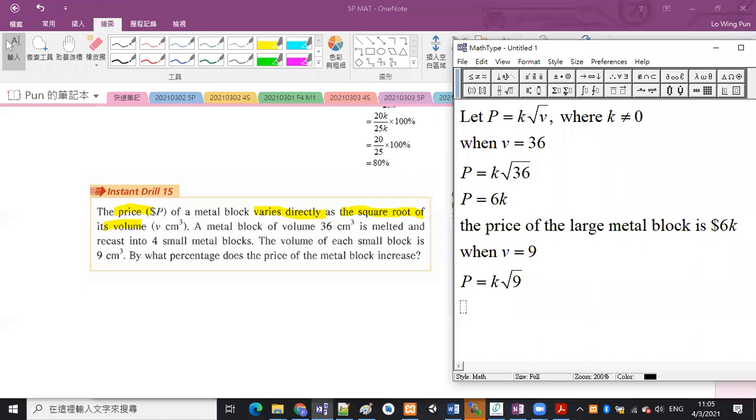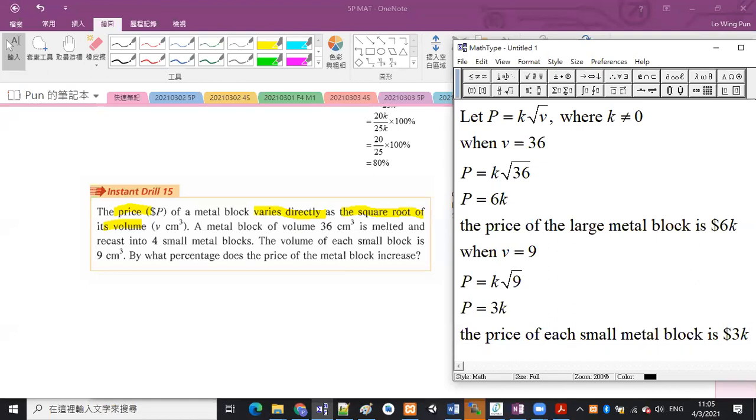The square root of 9 is equal to 3, so it should be equal to 3K, which means that the price of each small metal block is $3K, right?